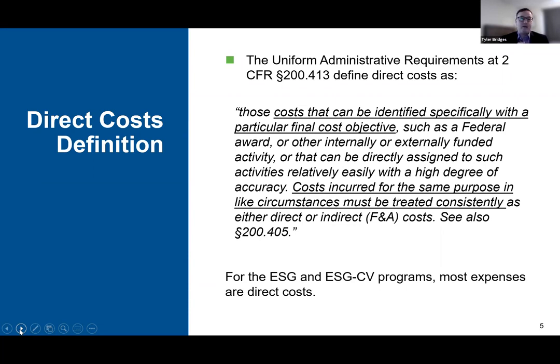This goes back to the comment I made in the prior slide, which is costs must be treated consistently as either direct or indirect cost in order to avoid possible double charging. And note, for the ESG CV program, most expenses incurred by grantees and its subrecipients will be direct costs as opposed to indirect costs.